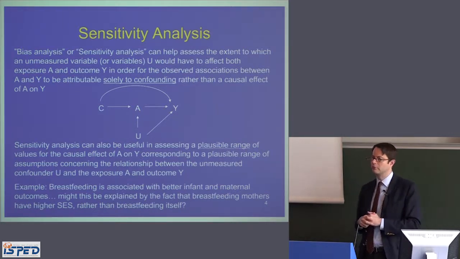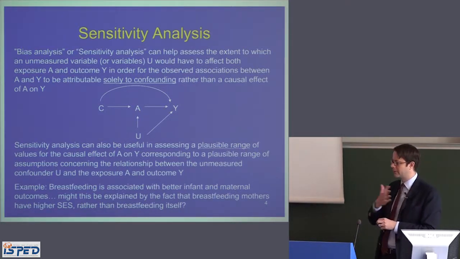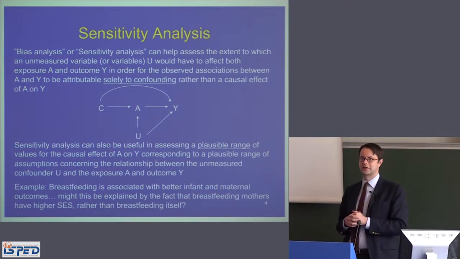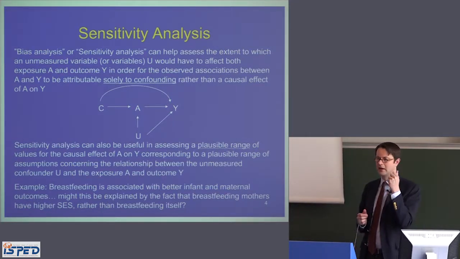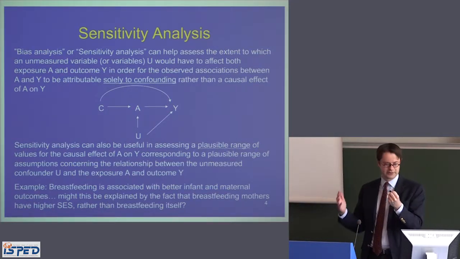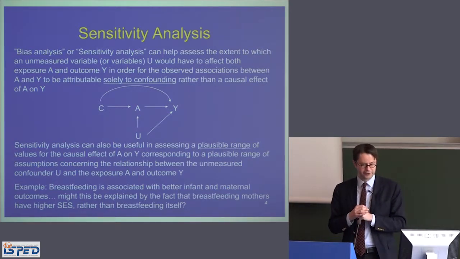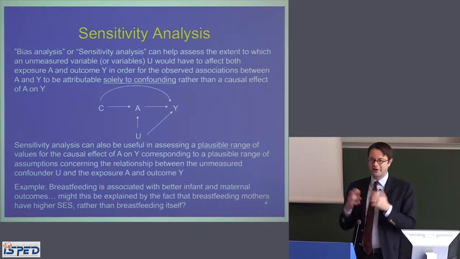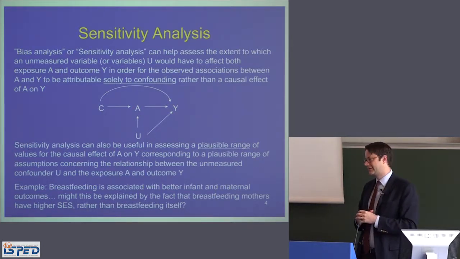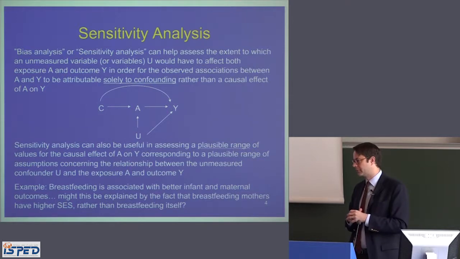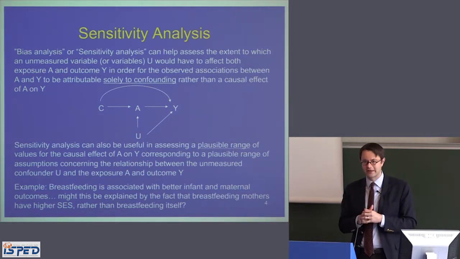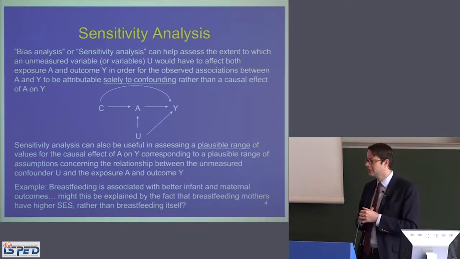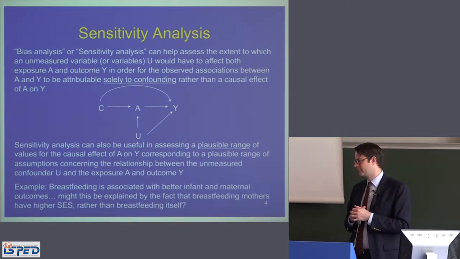So as an example, and one we'll be turning to later, there have been a large number of observational studies that have suggested that maternal breastfeeding is associated with better infant and maternal outcomes. But there are concerns in many of these studies that this might be confounded by parental socioeconomic status. In the West, at least, there's a strong gradient between socioeconomic status and breastfeeding.